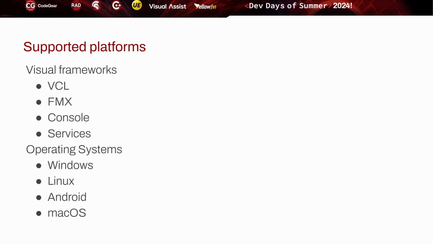Speaking about operating systems, being a pure Pascal library, all what Delphi supports is supported by the library. Currently, it means Windows, Linux, Mac OS, and Android. And in the future, if the product supports more operating systems, the library will also support it.